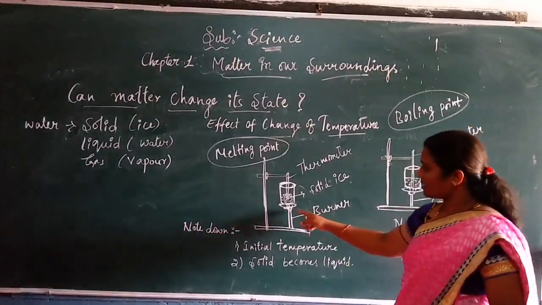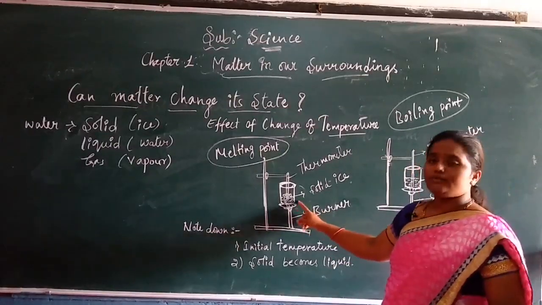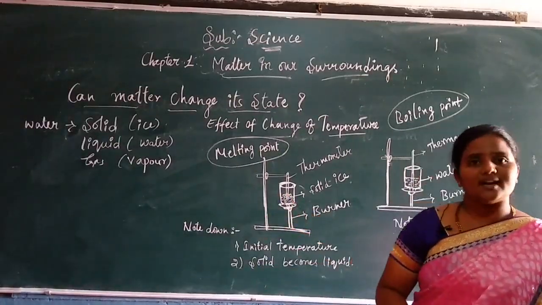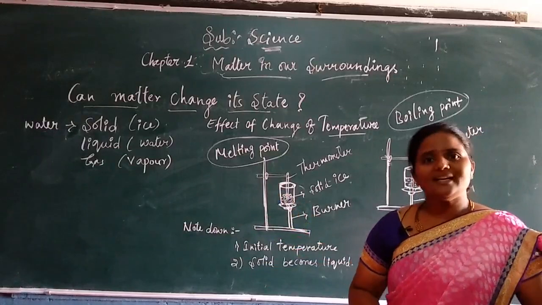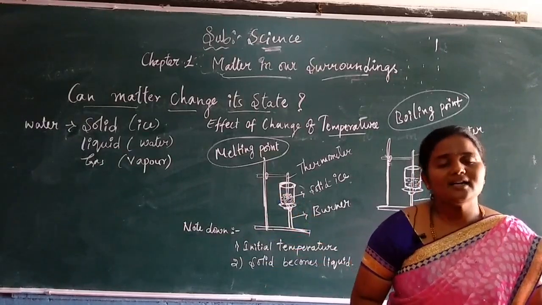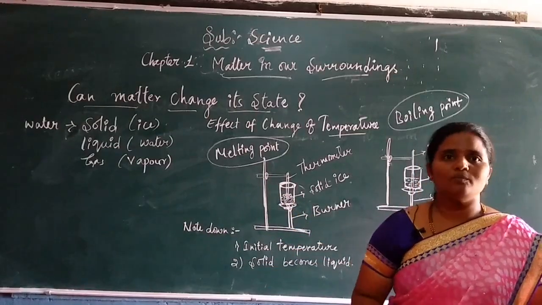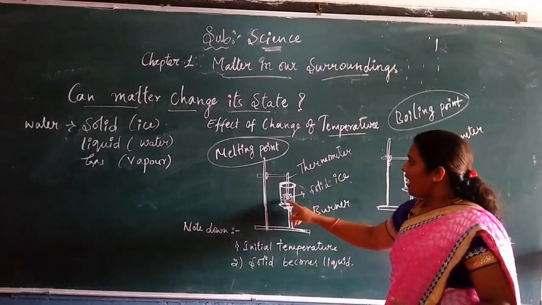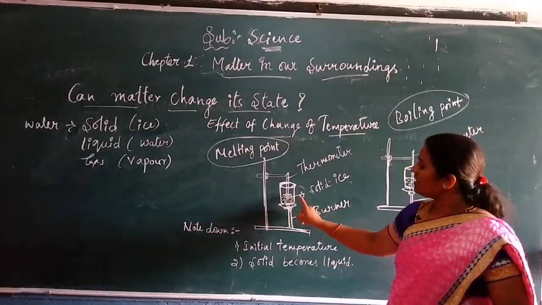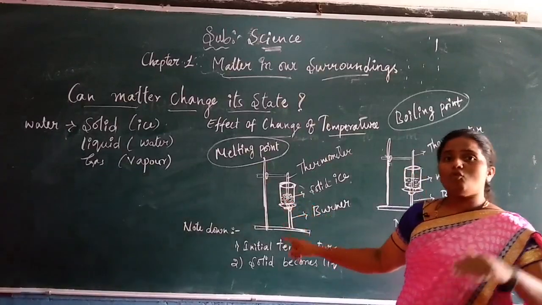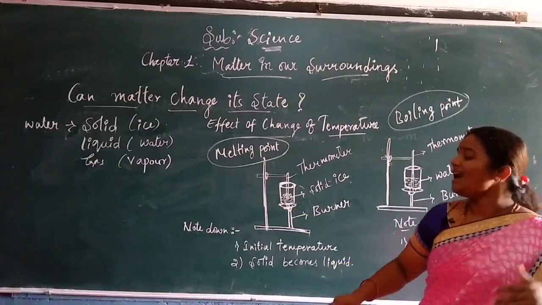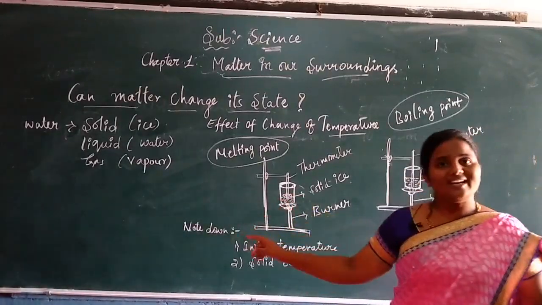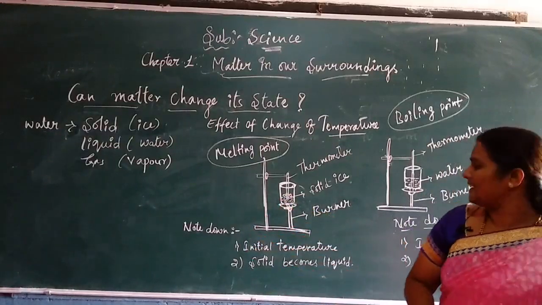Whatever heat we are supplying will be used to overcome the force of attraction present between the particles. So now the particles are free to move, and at a certain temperature, the solid particles overcome the force of attraction and start moving freely in the beaker, isn't it?